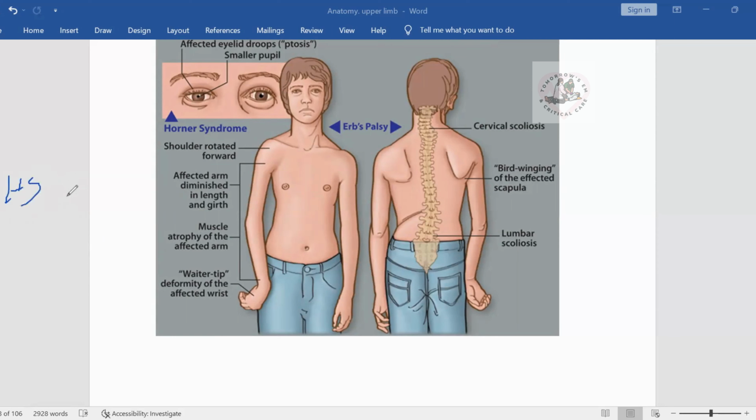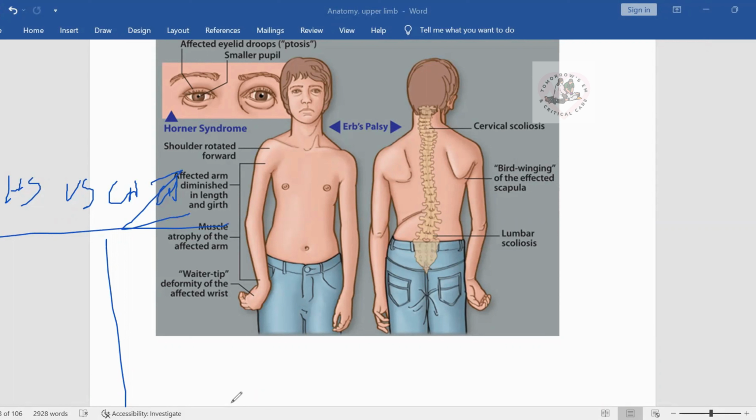Okay, clear? So now, can anyone tell me what's the basic difference between Horner's syndrome and cranial nerve three lesion? Horner's syndrome versus cranial nerve three lesion. Horner's syndrome has partial ptosis. Why? Here the superior tarsal muscle of the eye is involved. So in Horner's syndrome, the affected muscle is superior tarsal.